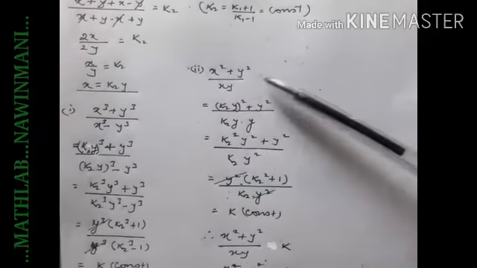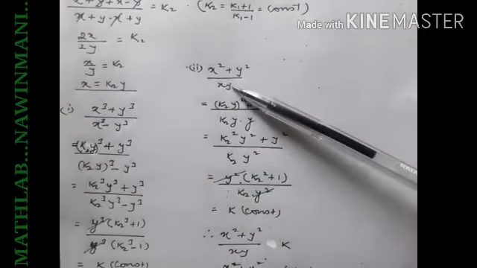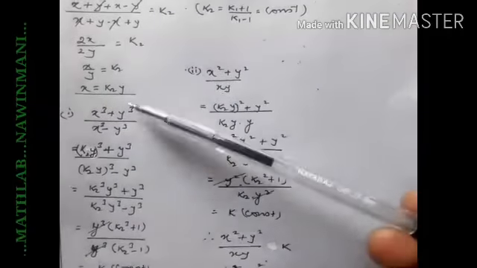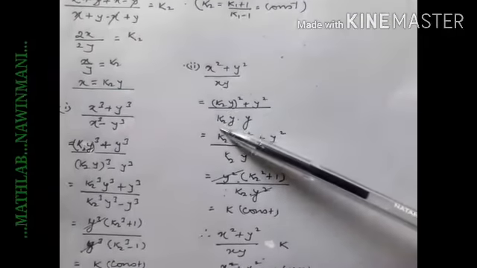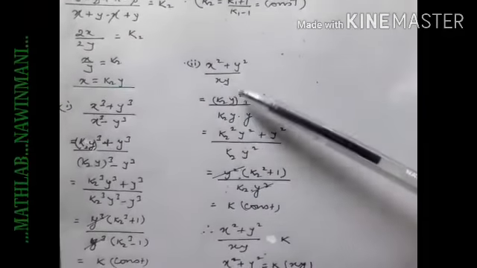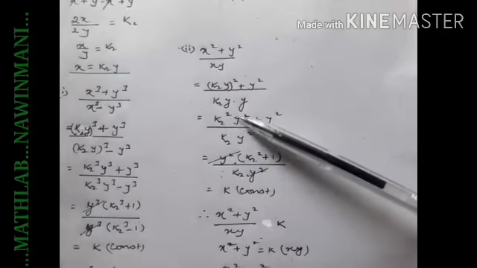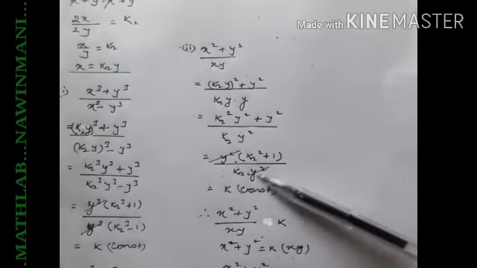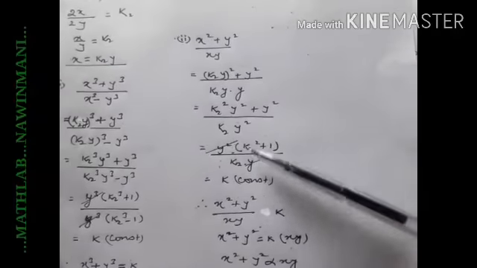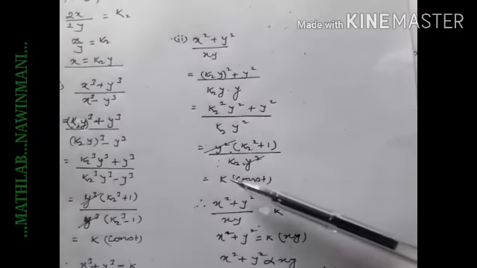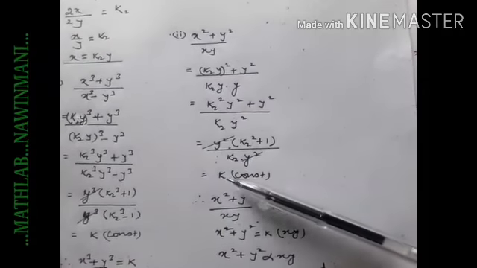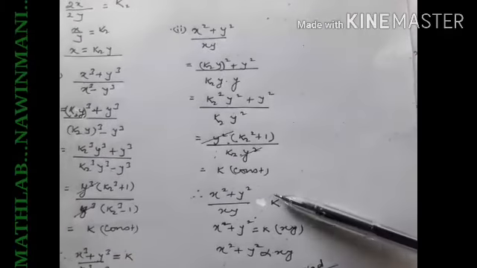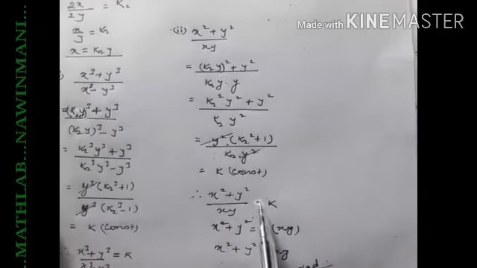Similarly, we have already seen that x is equal to k2y, so again we have to prove that this is directly varying with this. So this you bring down in sub question 2. Then for x you put k2y. Then you remove the bracket, open up the bracket. Then y square common, this is y square, into form cancels, so whatever is left is taken as a constant k, so we get that this is equal to k.